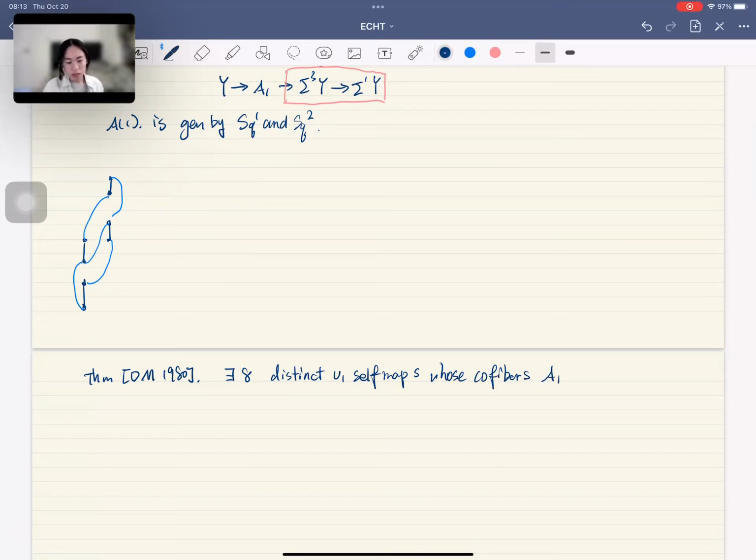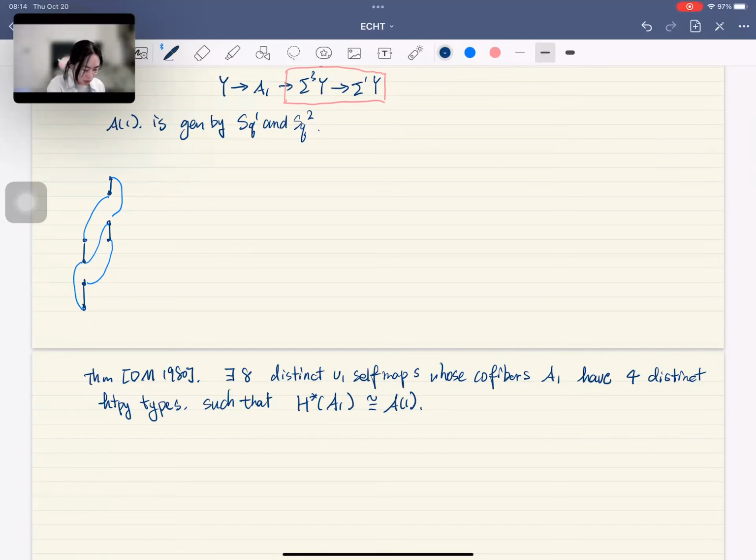I'm probably abusing notation to use A1 to indicate only the A1 module structure of the spectrum, that has 4 distinct homotopy types, such that it is a realization of A of 1, and it matches up with the 4 A module structures of A of 1.